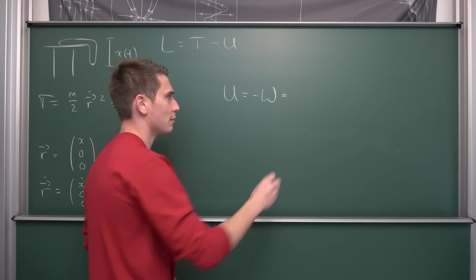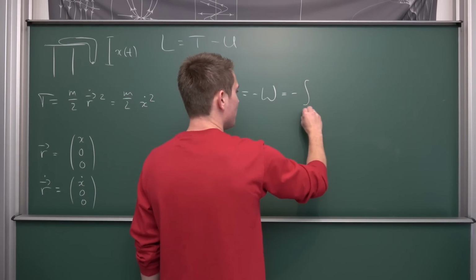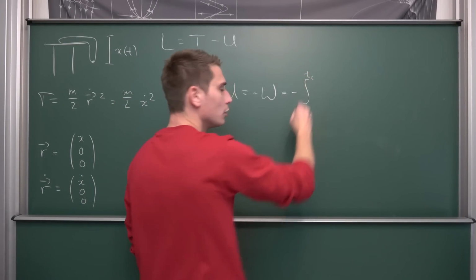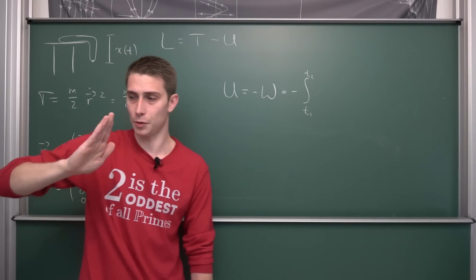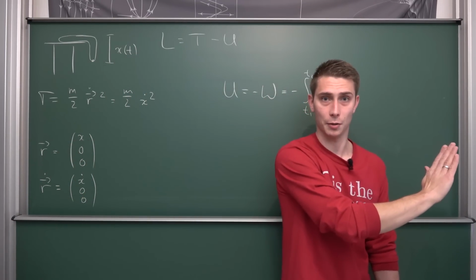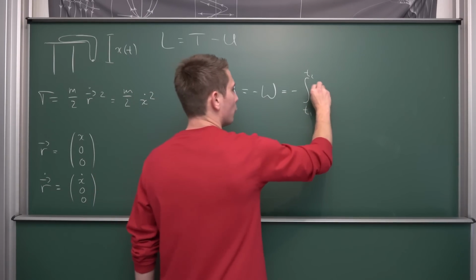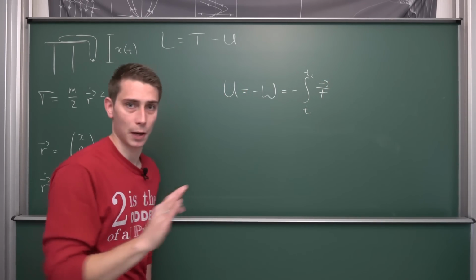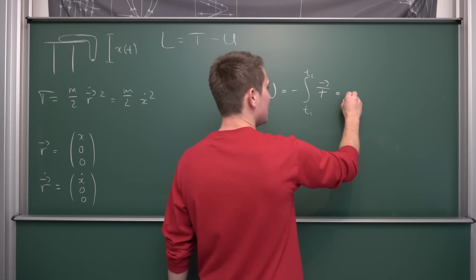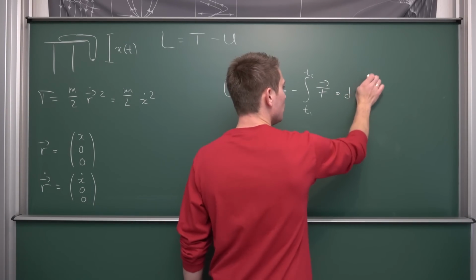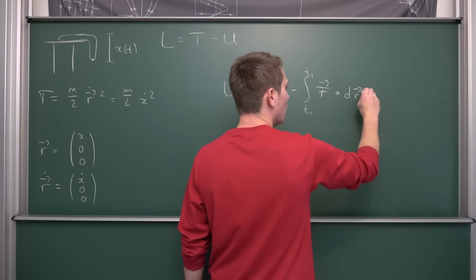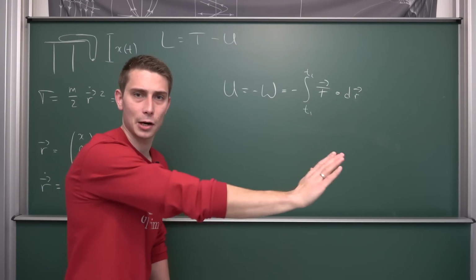Meaning, how can we put this into mathematical terms? In mathematical terms, we are going to have an integral from one position, from the initial position to the final position, of our force F that we apply to the system, in the scalar product with the infinitesimal, I'm going to call it dr for now, basically the direction.